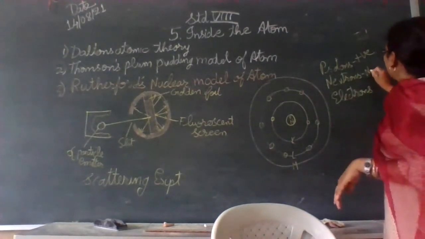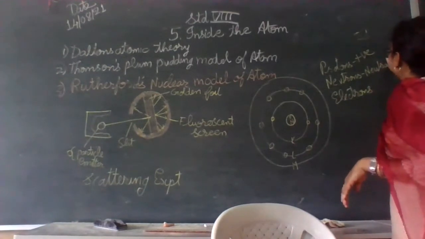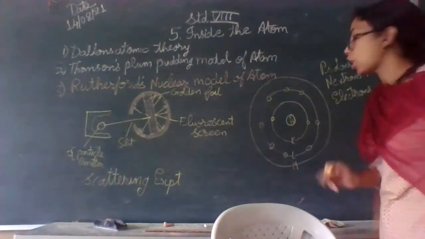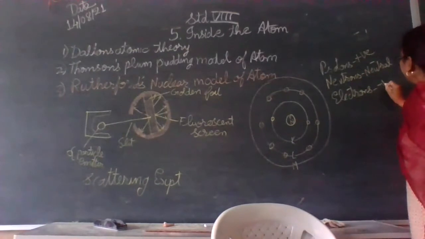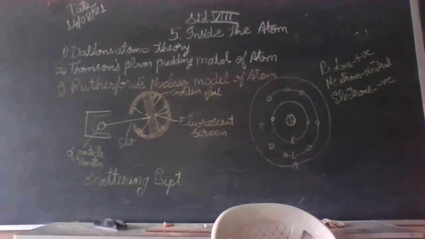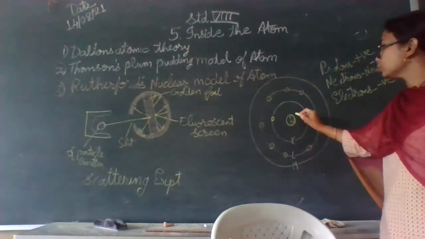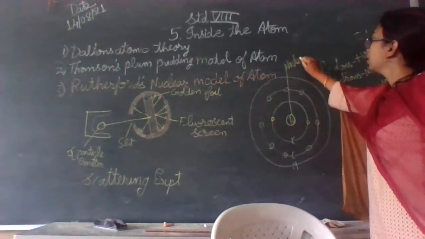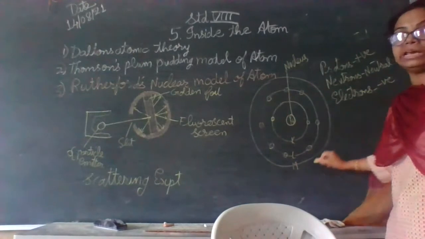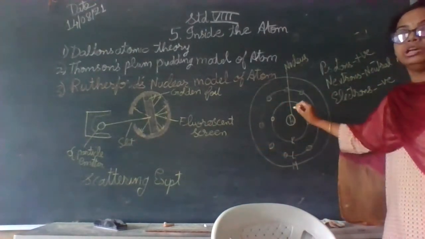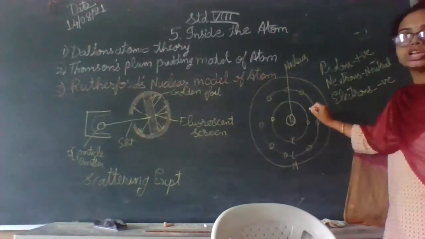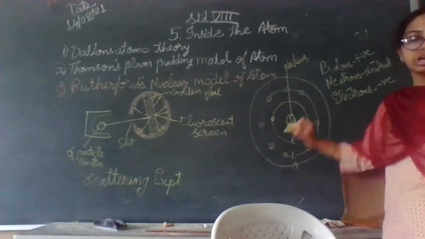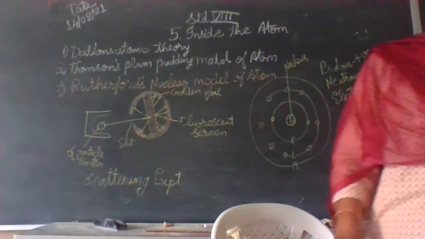They are neutral. And electrons have a negative charge. Protons and neutrons are in the nucleus, and electrons are only revolving around in proper orbits or shells around the nucleus.